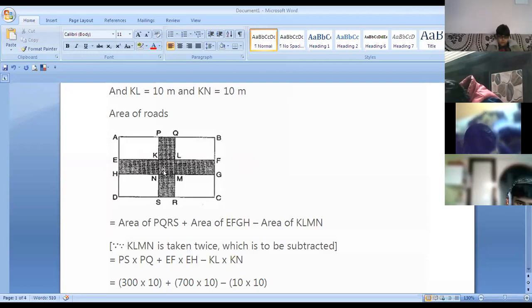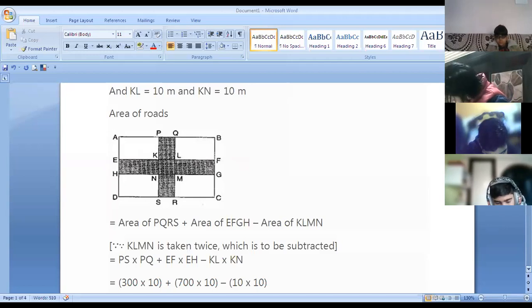And this square will be 10 into 10. Multiply it, children. How much are you getting? Solve it. 300 into 10, how much will it be?